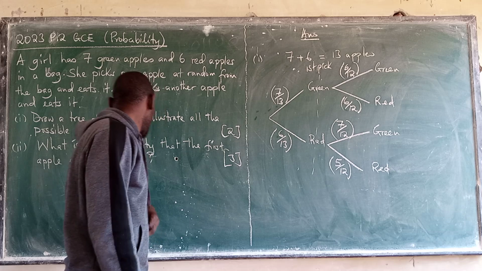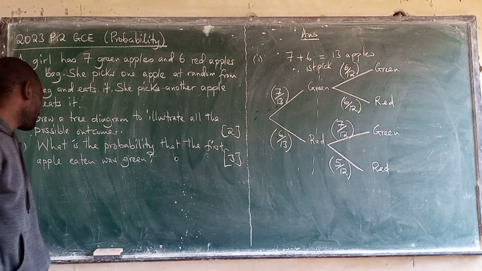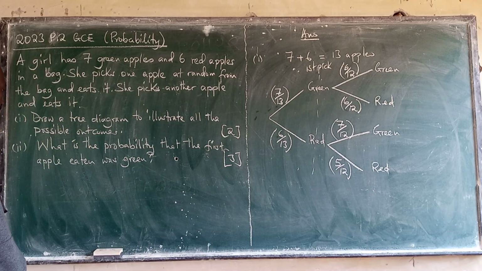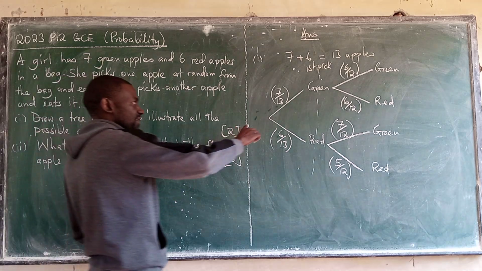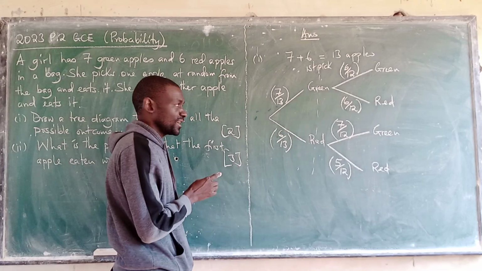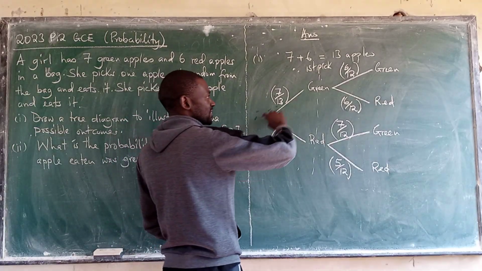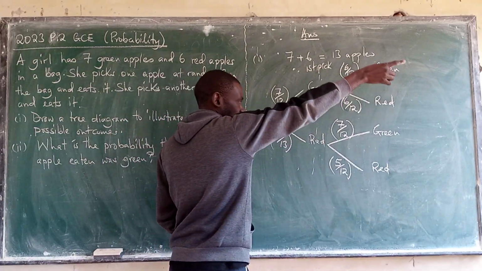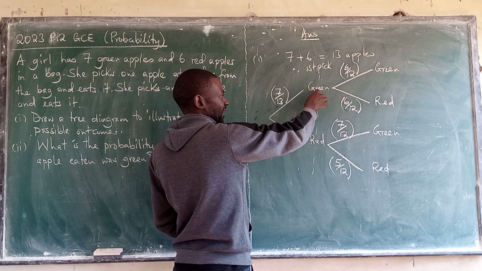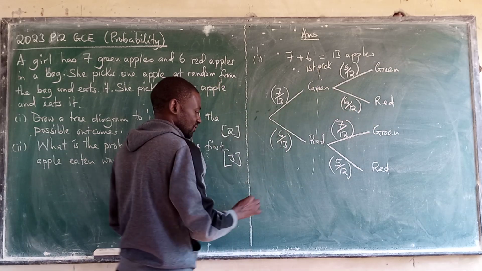And then the second part, what is the probability that the first apple eaten was green? First apple eaten was green. There are 2 options here. So it's either the first is green and then the second will be green, or the first is green and the second is red. So those are the 2.